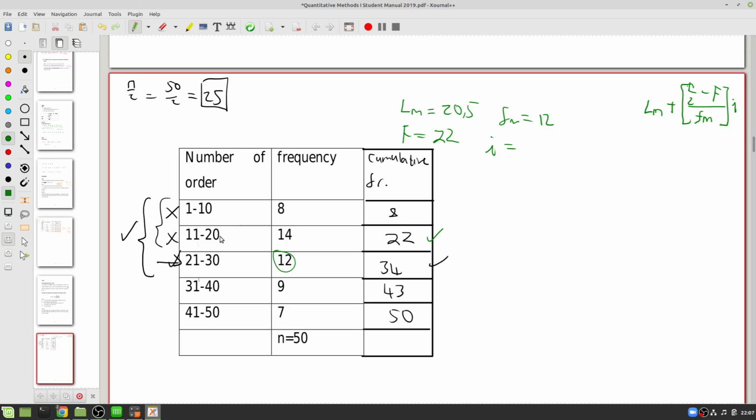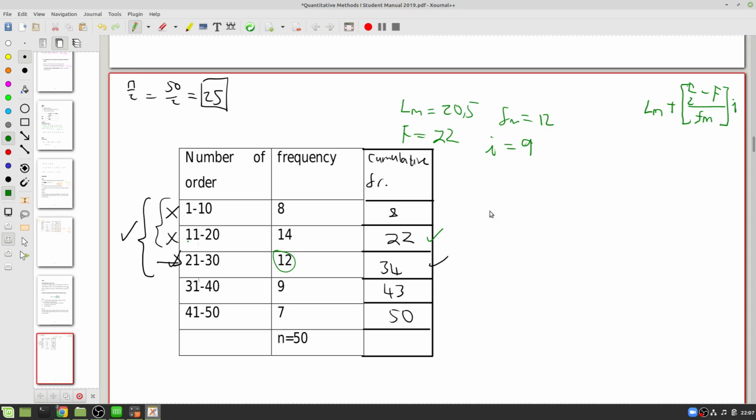In some real life scenarios they won't be the same width, and then you'd have to think about that. But for our purposes, all of them will be the same. You can see 10 minus 1 is the same as 20 minus 11 is the same as 41 minus 33, etc. So our class width is 30 minus 21 or 10 minus 1, that's 9.